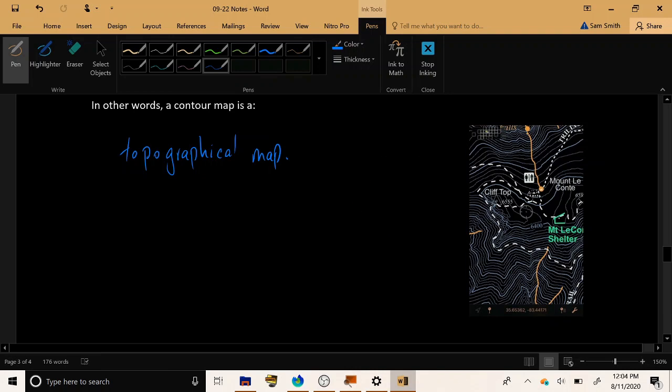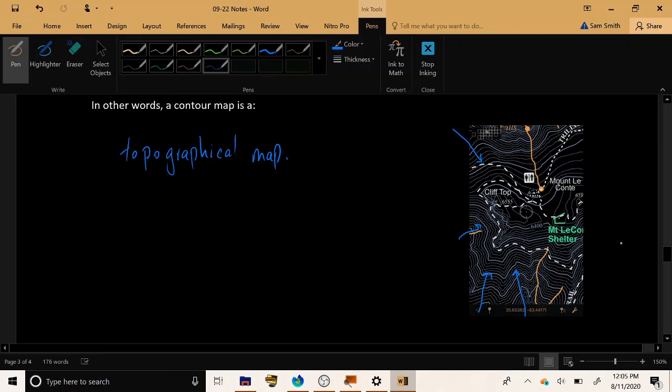So as you look at this map, you can envision a slope coming up from all these different directions. Slope, slope, slope. A slope coming up, forming a mountain whose cliff top is right here in the center.